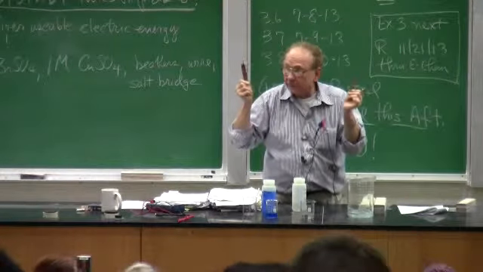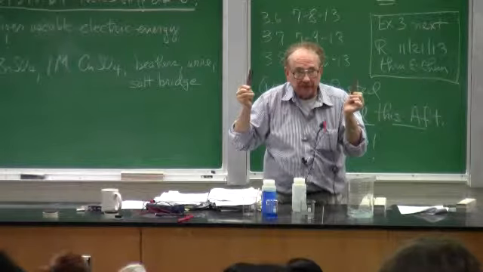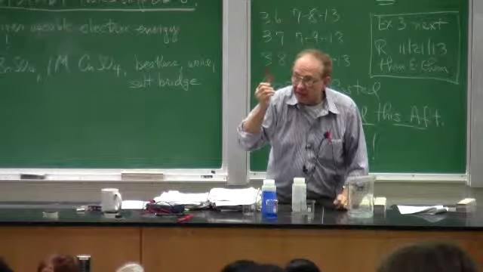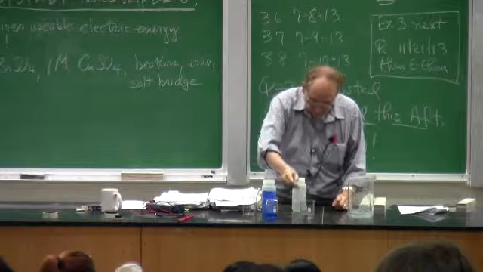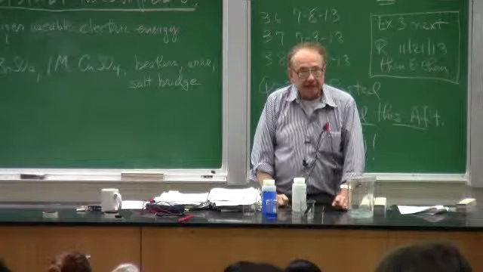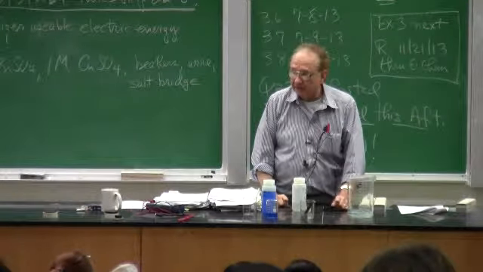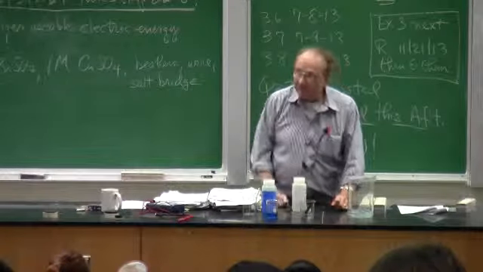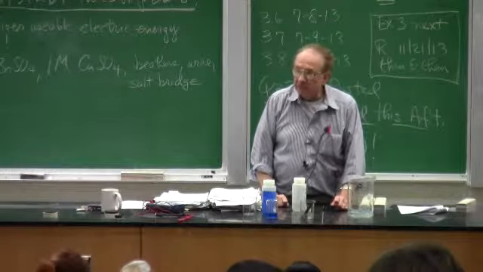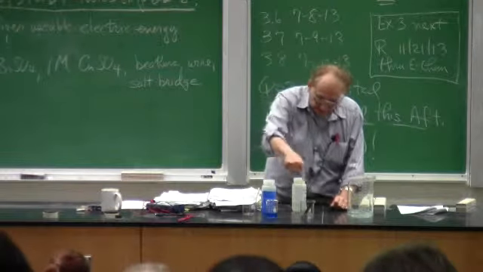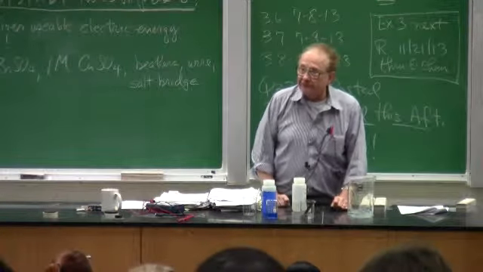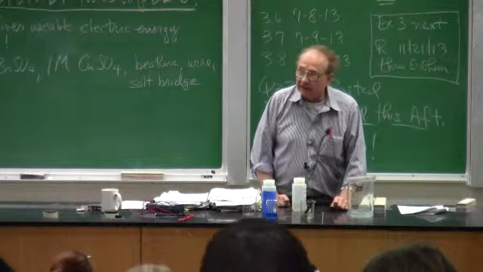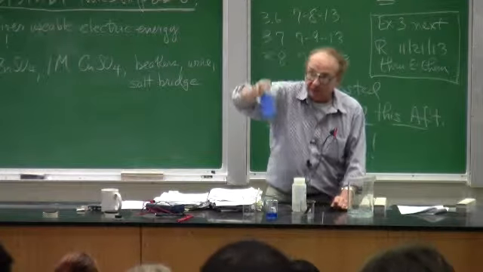Which one is stronger? Well, let's find out. I'll put my copper strip in the beaker containing the zinc ion. Because if zinc ion can oxidize copper, then something's going to happen here. I'm going to deposit zinc metal on my copper strip as the copper gets oxidized to hydrated copper ion and gives me this blue color.